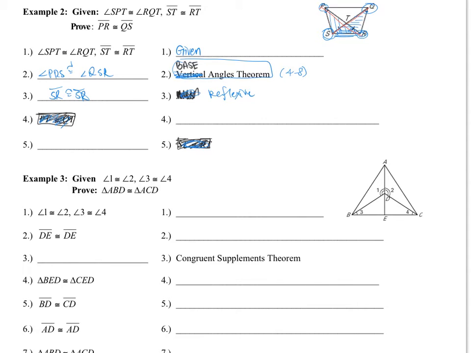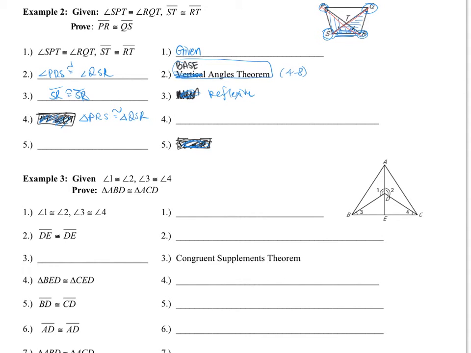So now for the next step, I can write triangle PRS is congruent to triangle QSR.